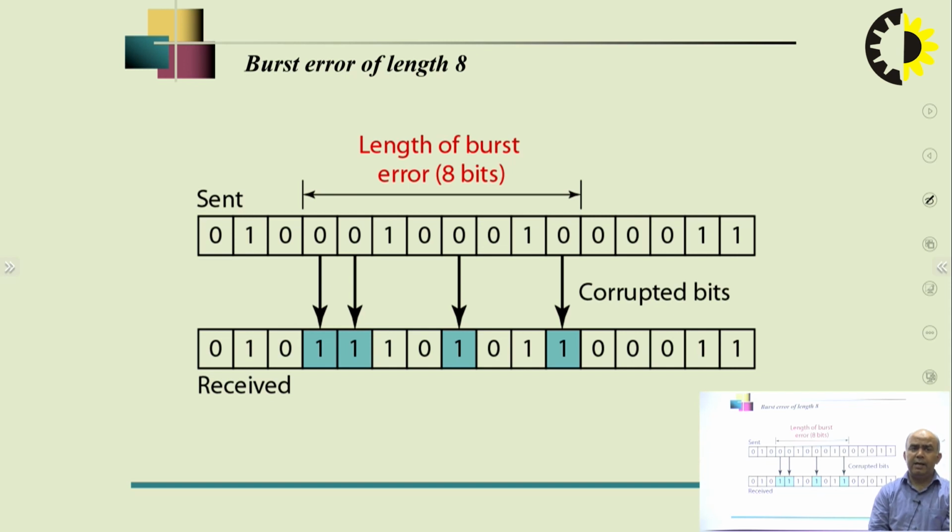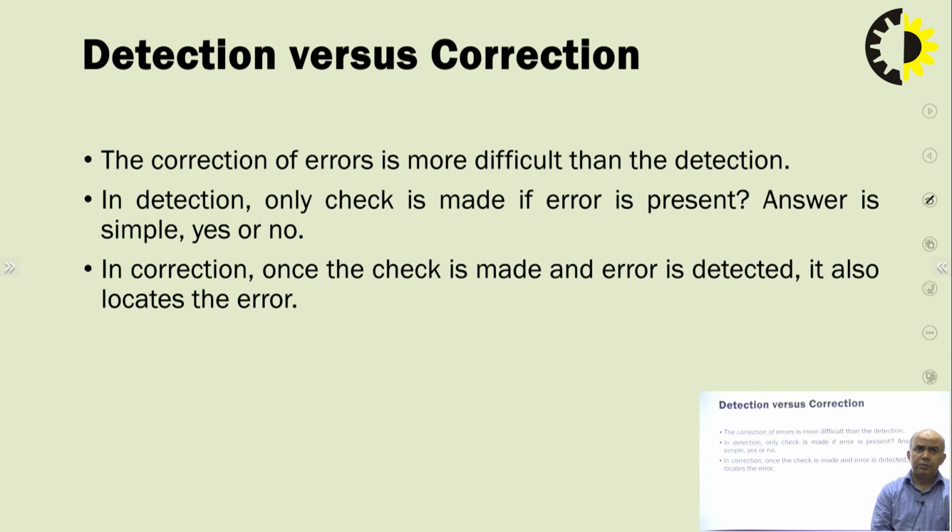So, generally in error control, we have to discuss how we are going to detect an error and how we are going to remove those errors. Okay, so detection versus correction. Correction of error is more difficult than detection. In detection, we only check whether there is an error.